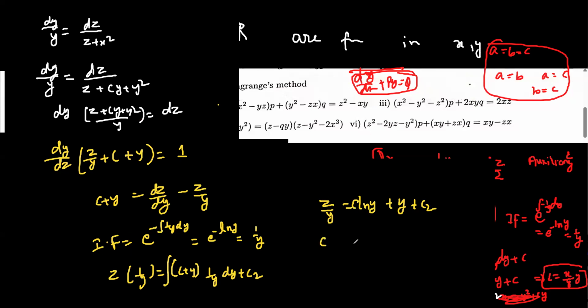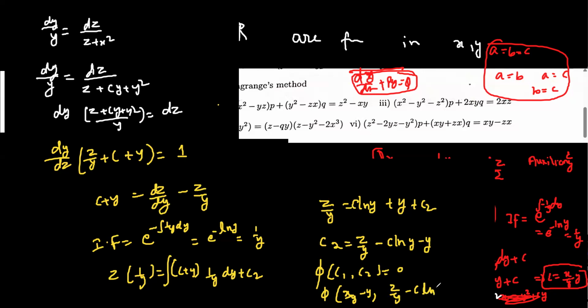So the final answer will be C1, C2. What is C1? x upon y minus y, z upon y minus c ln y minus y, minus z is equal to 0. This is your solution. Understood?